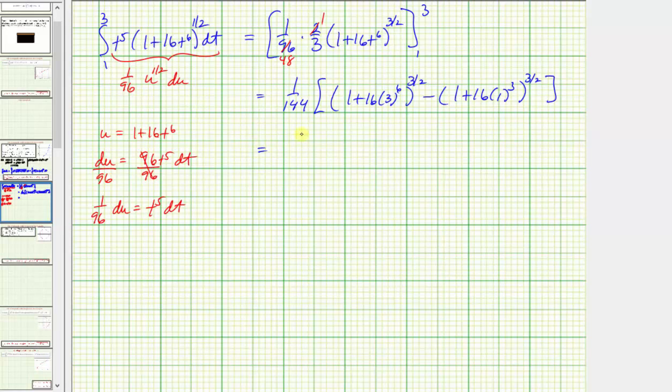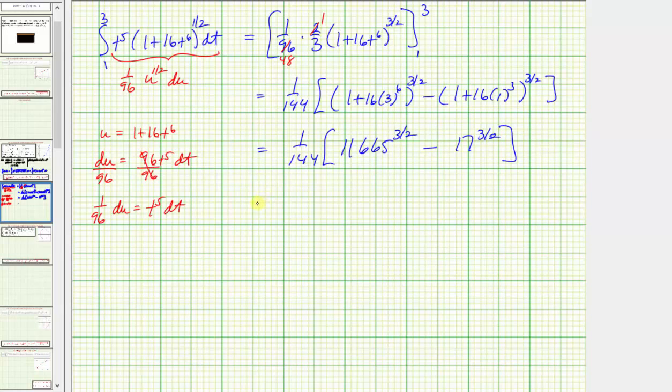So we have 1 over 144 times 11,665 raised to the 3/2 minus 17 to the 3/2. So this would be the exact value of the line integral.